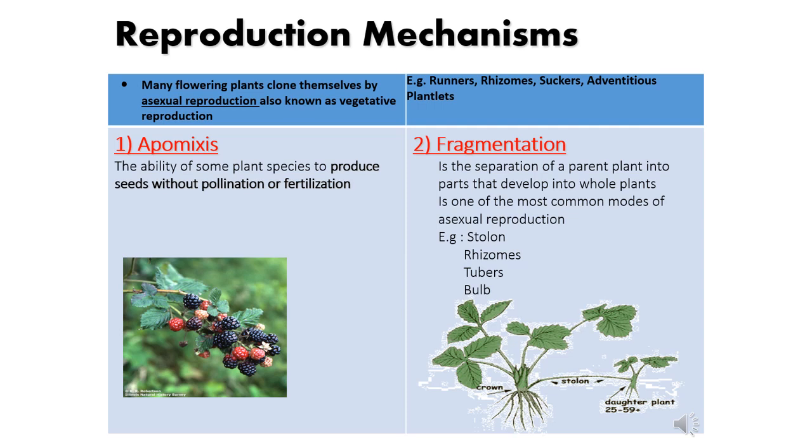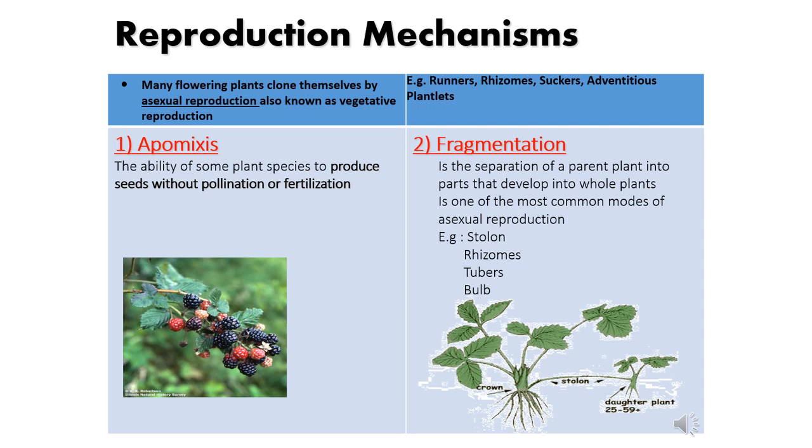In this concept, we will look at what types of asexual reproduction are usually used by plants. One is called apomixis. Another one is fragmentation. Apomixis is the ability of some plant species to produce seed without pollination or fertilization. So they do not need to go through the double fertilization that we discussed earlier.